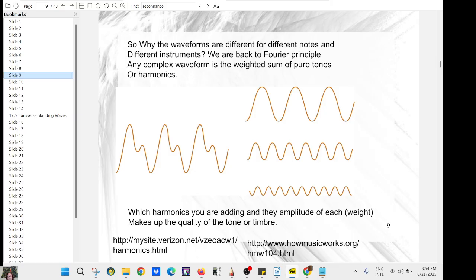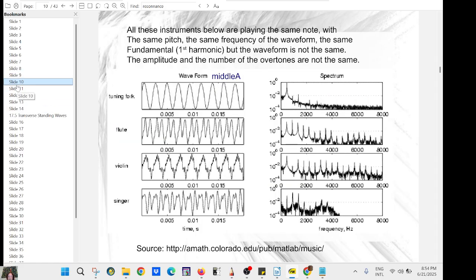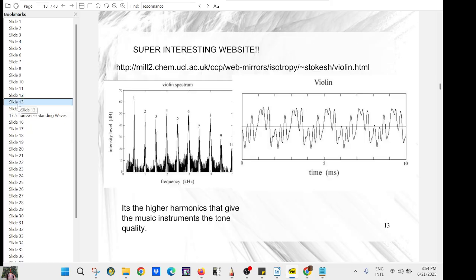Which harmonics we are adding, and with which amplitude, will give the quality of the tone, also called the timbre. But we're going to hear only the frequency of the fundamental. That's a good example there.